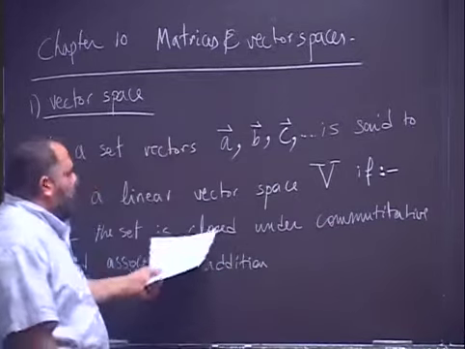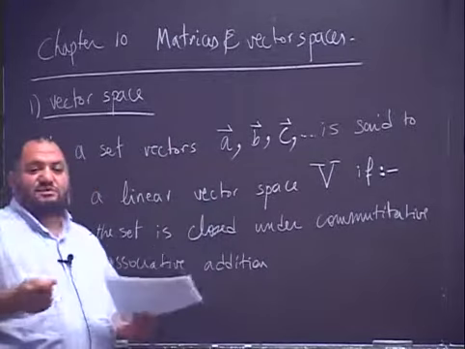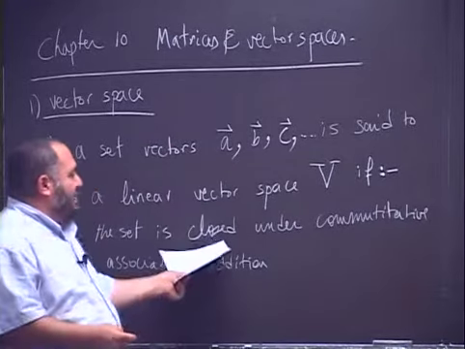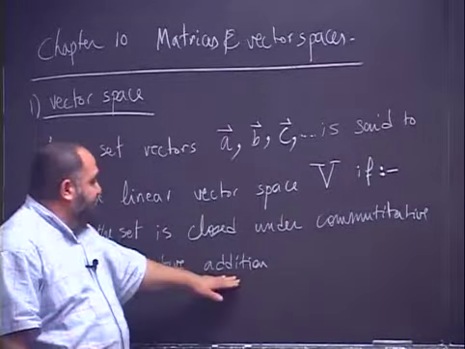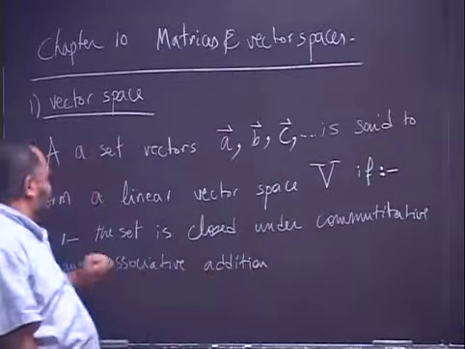What does a closed set mean? A closed set, here, is closed under a certain operation. What are the operations? Commutative addition and associative addition.